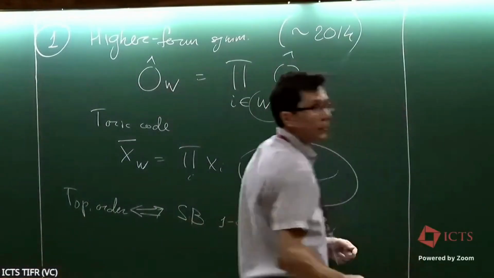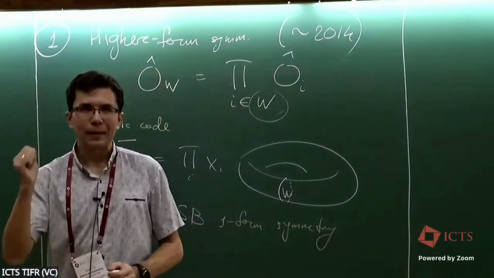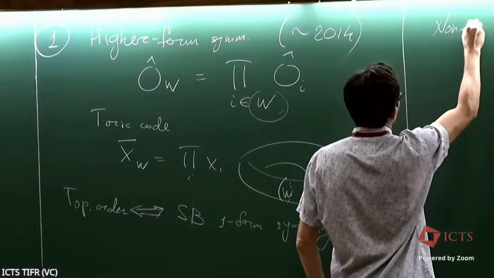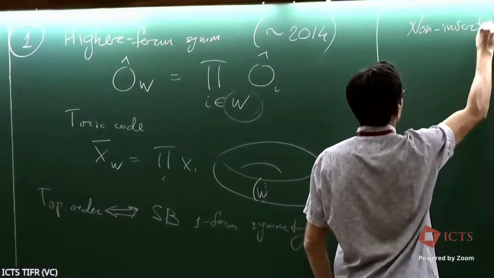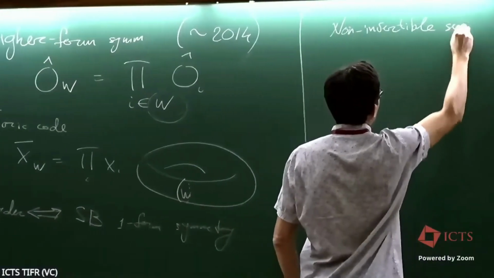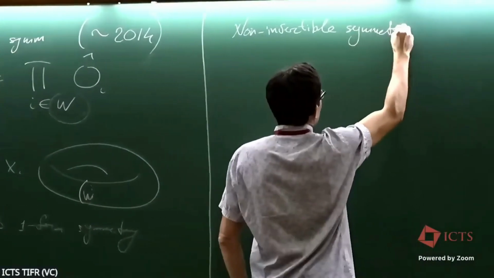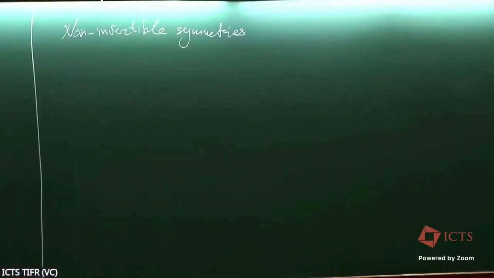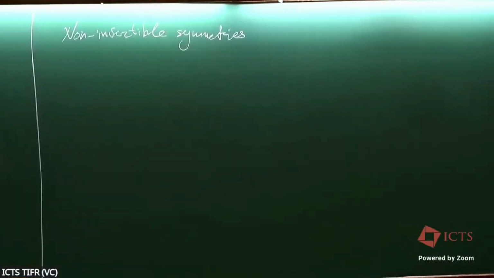Another development, which is a bit harder to put an exact date on, concerns what people call non-invertible symmetries. Now, I sincerely hope that I won't be the first person to introduce them, but I think it only featured once very briefly so far.